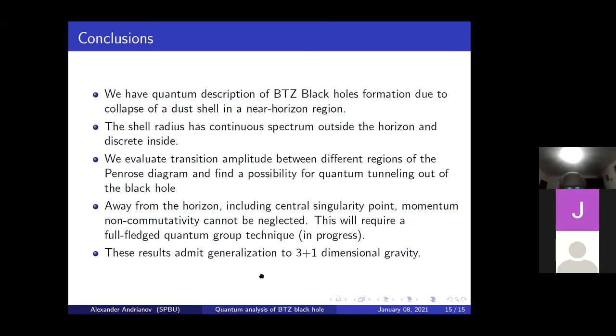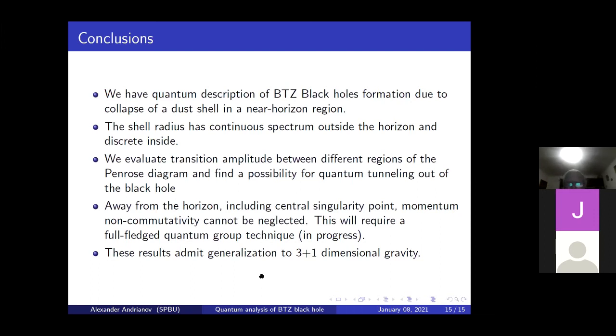Away from the horizon, including the central singularity point, we expect that actually it will not be a singularity, but let us first guess, and then when we calculate, we will show it, of course, and put it into arXiv.